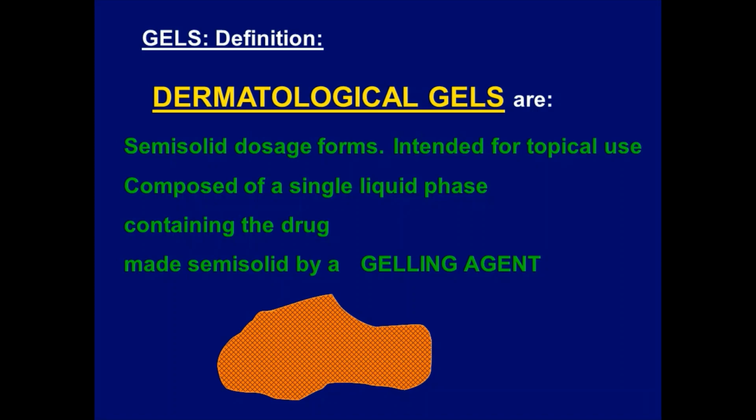Ointments that do not contain water are formed of a single phase, but this phase is not liquid, it's a fat. But here in gels, they are composed of a single liquid phase, and this liquid phase is made semi-solid by the addition of a gelling agent.